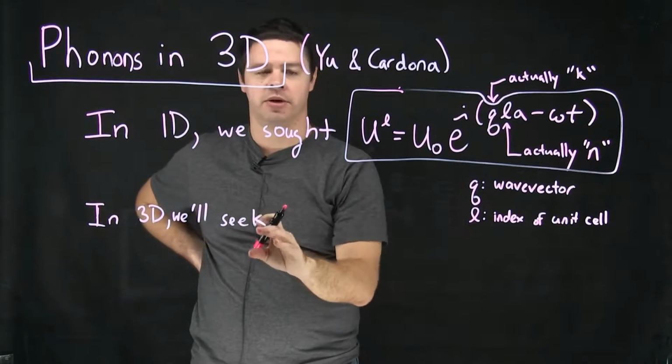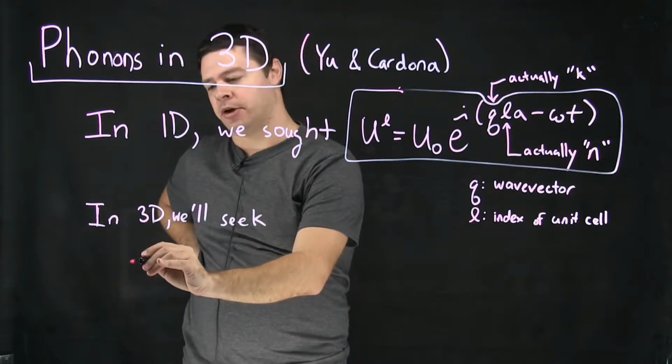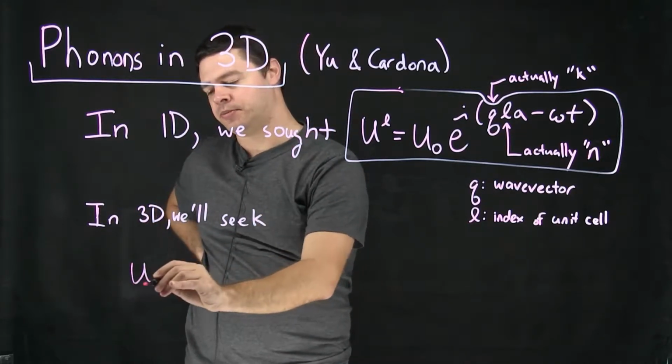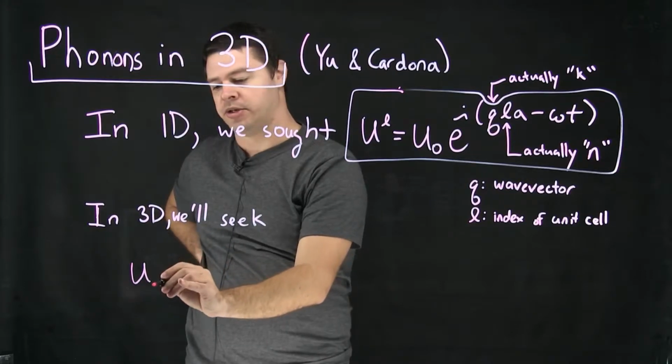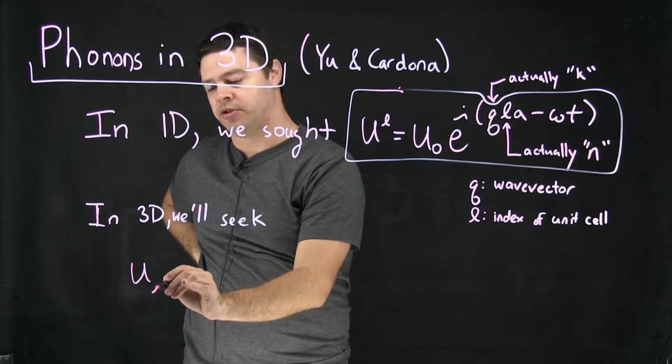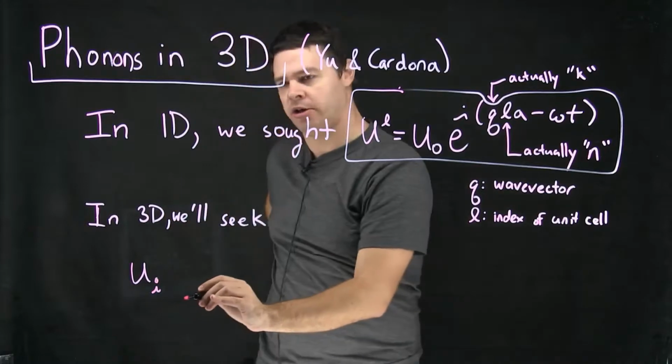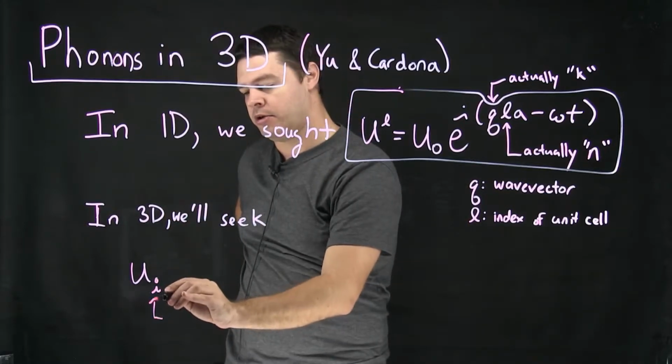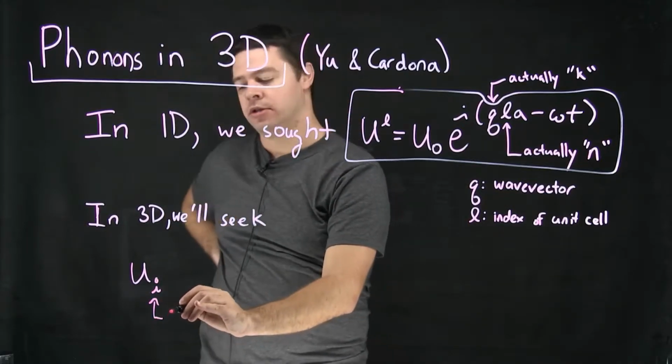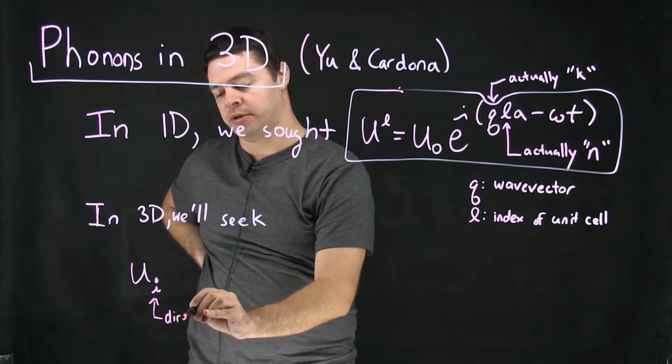So anyway, in 3 dimensions, we're going to seek displacements u, except there could be multiple directions of displacement. So let me call it u sub i, where i is the direction of displacement.